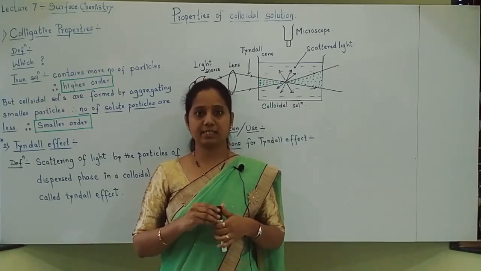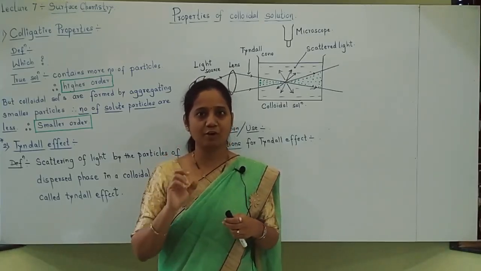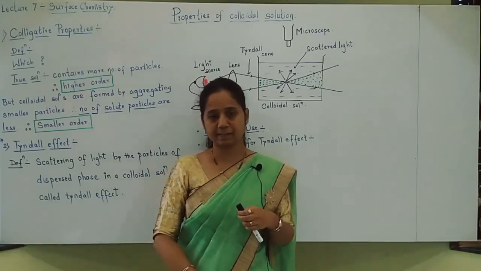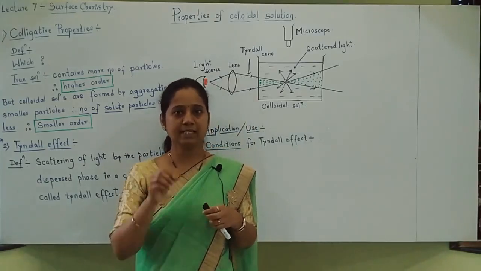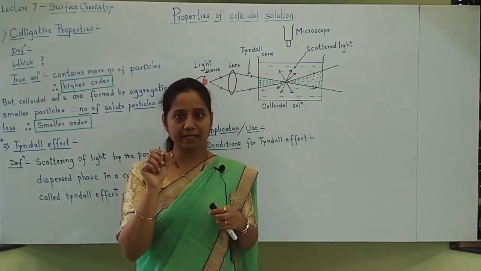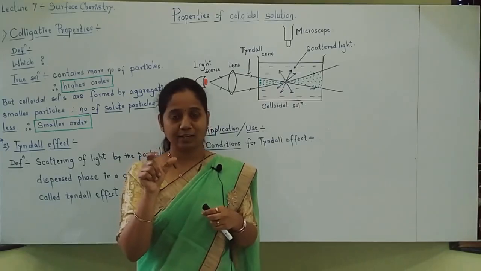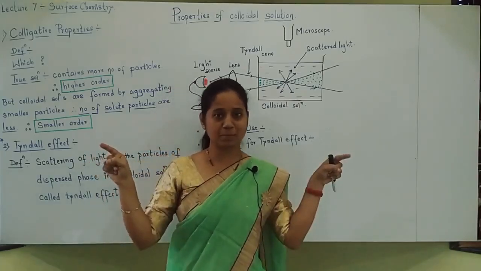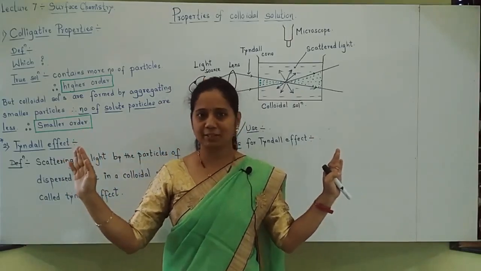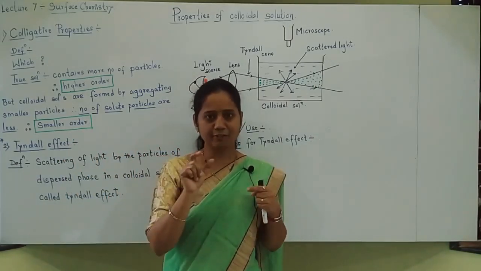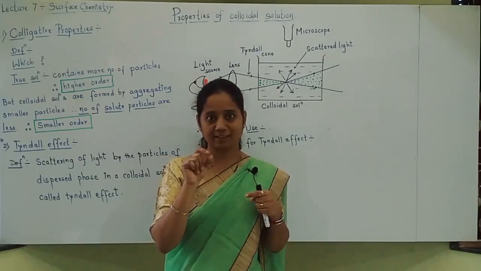The Tyndall effect is based on scattering of light by colloidal particles. This is the principle of the Tyndall effect: colloidal particles scatter light. True solution particles and suspension particles do not scatter light, so they don't show the Tyndall effect, because scattering of light depends upon the size of the particle.